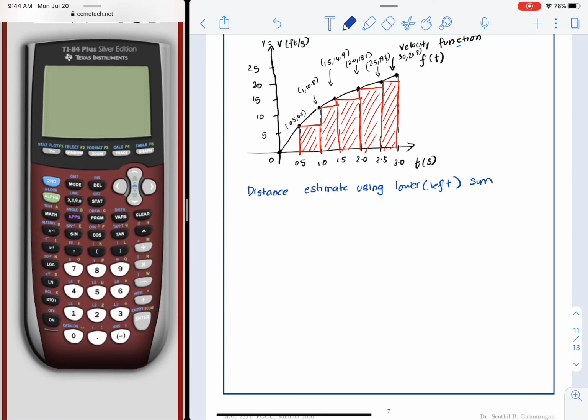This is the lower sum or left sum. Left sum uses left endpoints. So that would be equal to area 1 plus area 2, area 3, area 4, and area 5. So add the areas. The width here, delta t, is simply 0.5. It's all 0.5 increments.